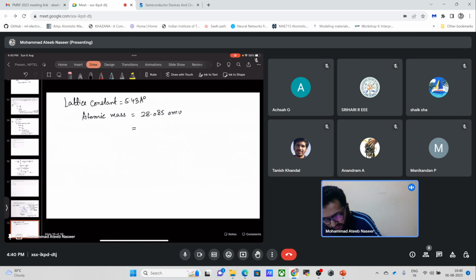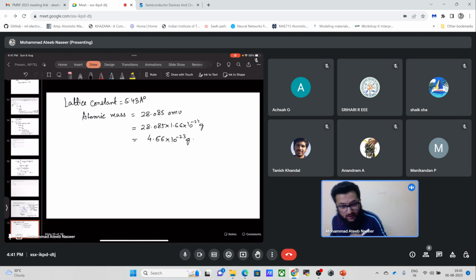Now, if I do the conversion to grams, it would simply be 28.085 into 1.66 into 10 to the power of minus 24 grams. It would simply be equal to 4.66 into 10 to the power of minus 23 gram. Okay, this is its atomic mass in grams.